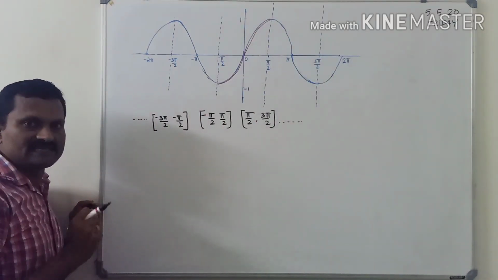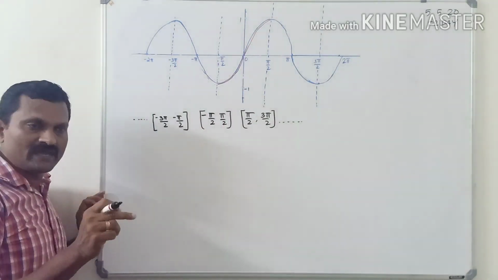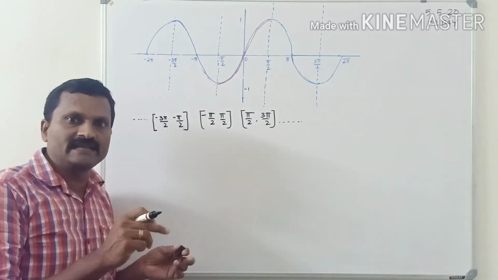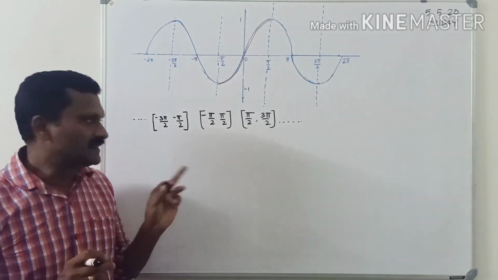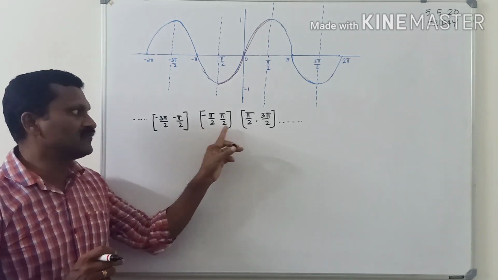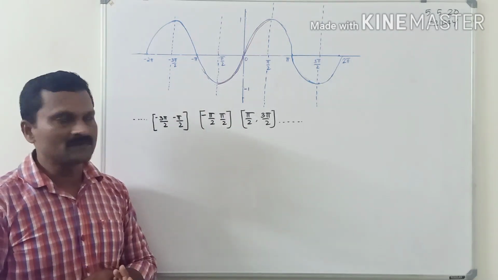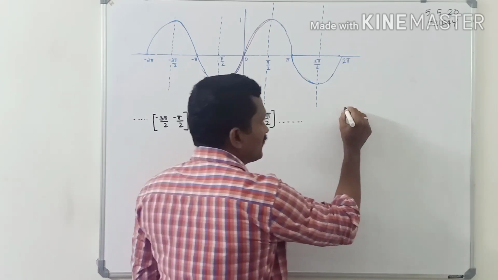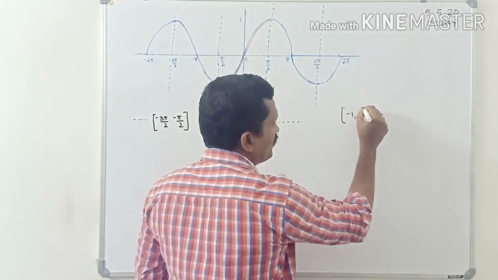That is, sin x is bijective. If a function is bijective, then its inverse exists. Therefore, sin x is invertible in these intervals with range the closed interval minus 1, 1.